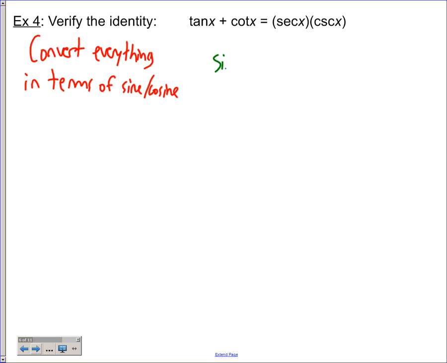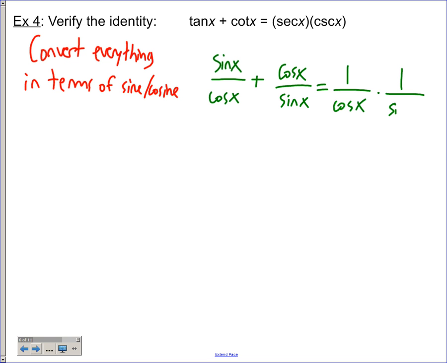Tangent of x would be sine x divided by cosine x. Cotangent is just the reciprocal of that, so cosine x over sine of x. This would be equal to 1 over cosine x, which is secant x, times 1 over sine of x. So let's see if we even need to do the right-hand side. We'll wait and see if that was necessary.